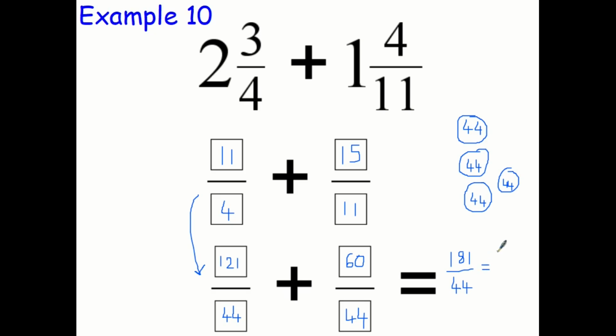So we've got 4 wholes, and 5 left over. Because I had 181 44ths, so that's 44, 88, 132, 176, and between 176 and 181 there are 5 left over.